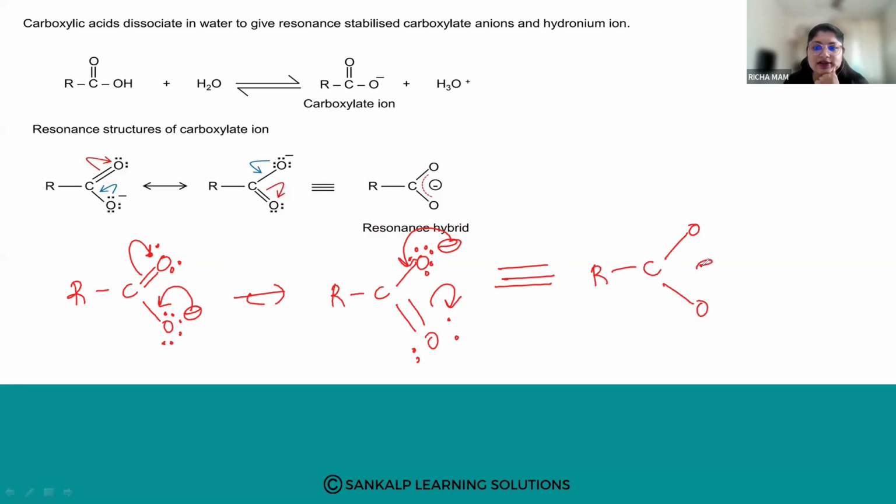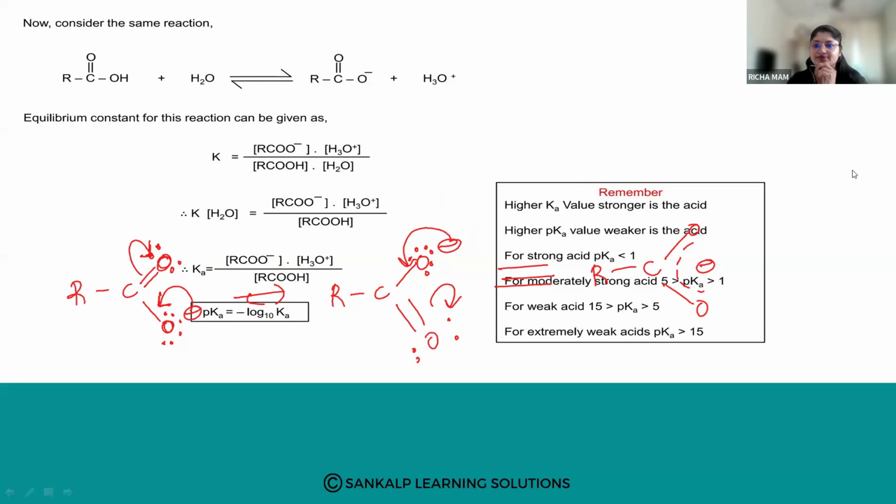The negative charge can be moved from this oxygen to that oxygen, so it is delocalized over these atoms. So the carboxylate ion's negative charge is resonance stabilized. This was the first property of acidity.